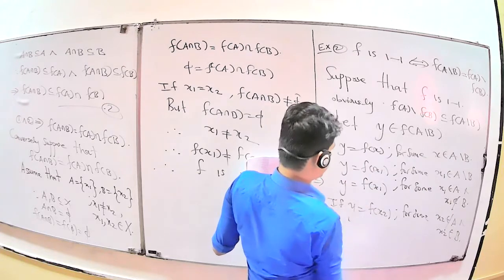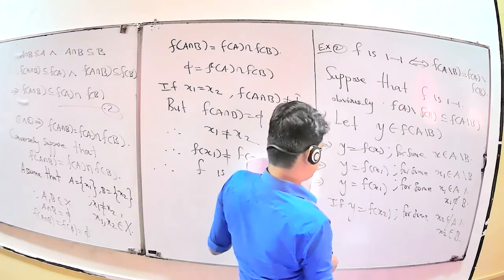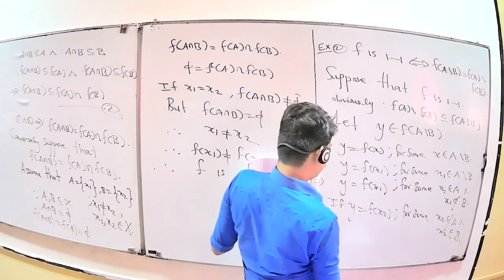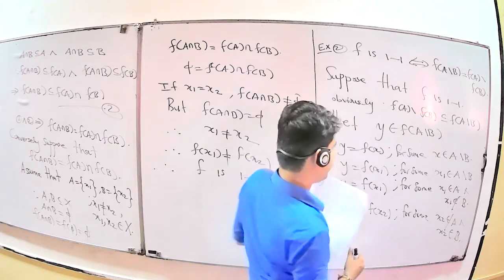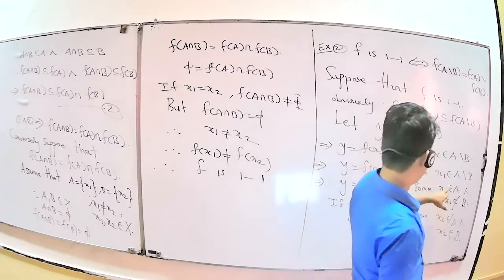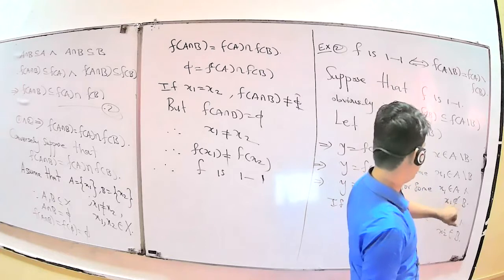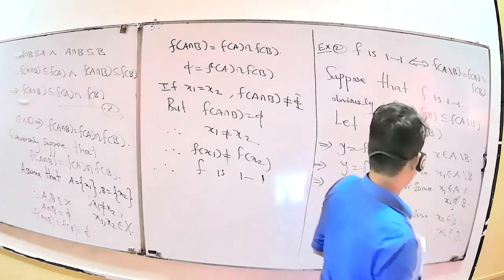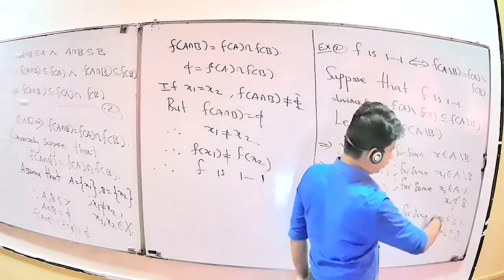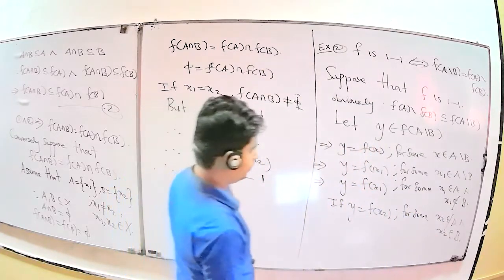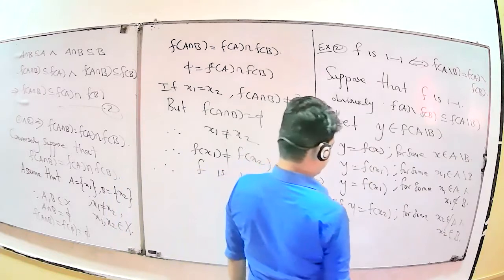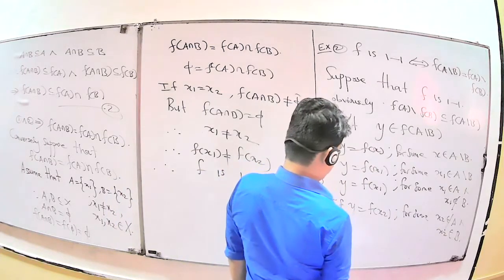It is possible, no? Right. But suppose x1 belongs to A and x1 belongs to B, it's not possible because of A minus B. Therefore, suppose x1 belongs to A, x2 belongs to B. Therefore, x1 not equal to x2. Okay, x1 not equal to x2.